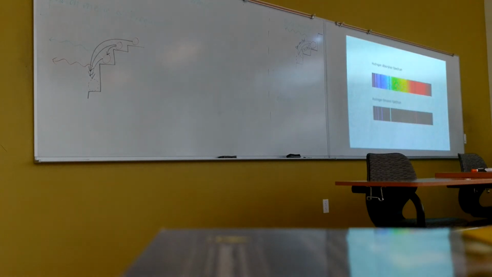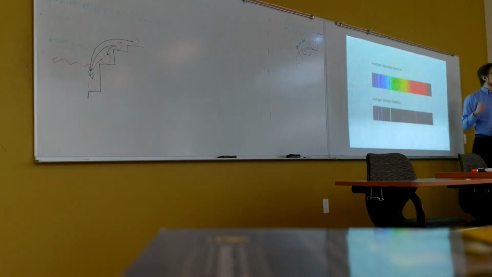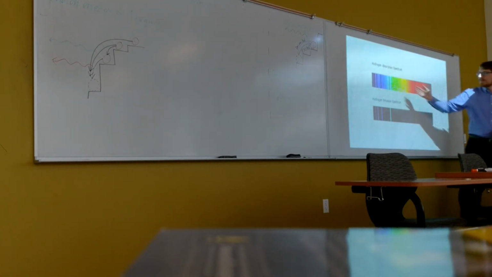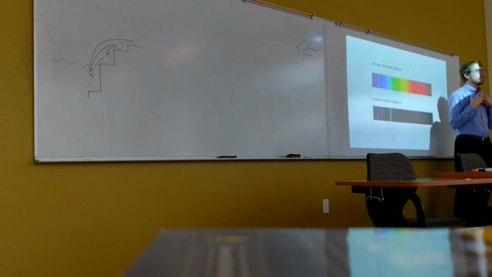Alternatively, if you pass completely white light through a gas, so if you shine white light through, this looks like hydrogen gas, it'll give you a sort of full spectrum, your full rainbow, with a couple of lines missing. Those lines are missing because those frequencies of light are absorbed by that gas.